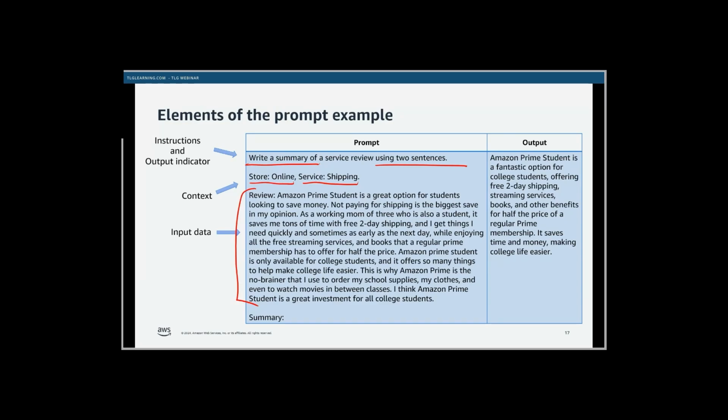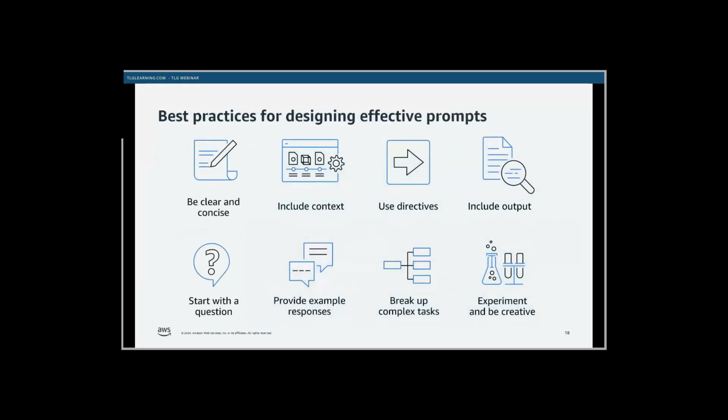Often you'll be able to upload or attach a file if it's a text document or a PDF. And then the summary, this is also output. We need to consider that output too. It's giving it a prompt of, here, provide the summary after you've been given this input information. So instructions, context, input data, and output indicator are the components of a prompt.